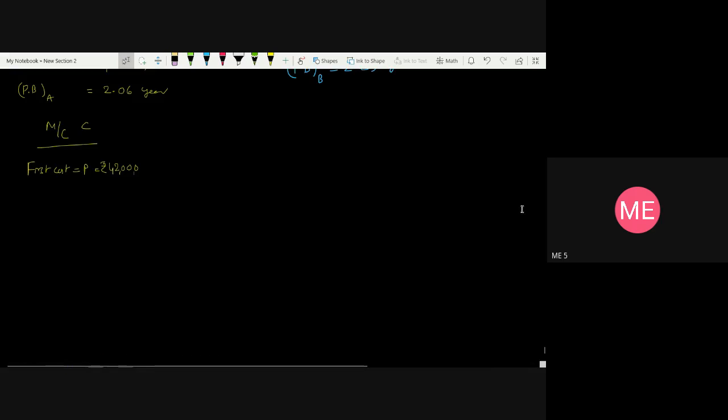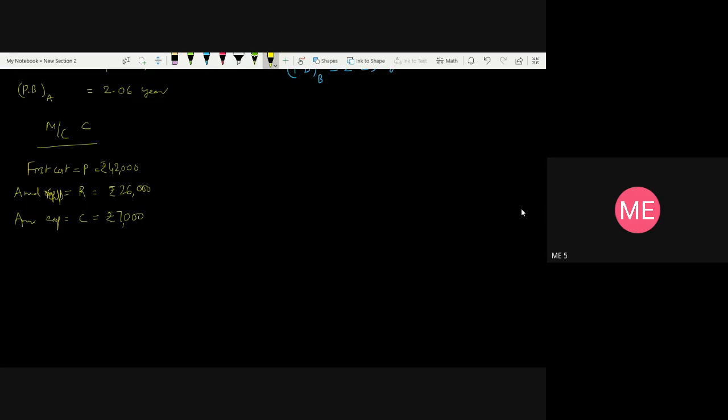Then annual receipts, R, is rupees 26,000. Then annual expenditure, C, is rupees 7,000. So the life is equal to 4 years. And then we can calculate the payback period for this.